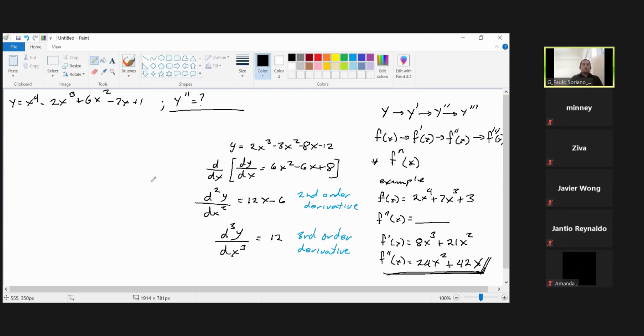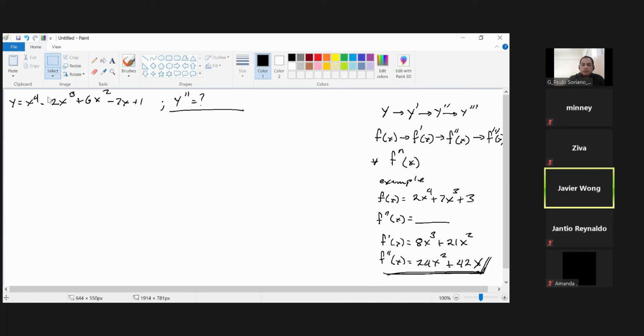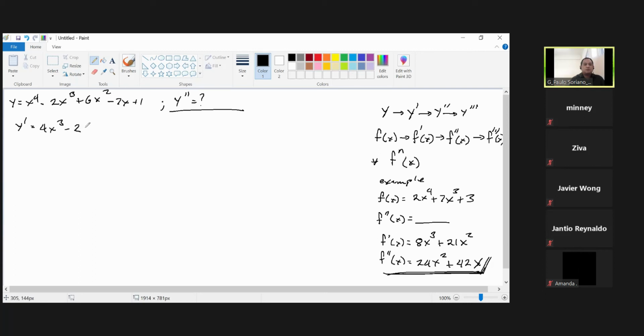So y double prime is what? I got 12x squared minus 12x plus 12. Okay, let's see. So y prime is equal to 4x cubed minus 6x squared plus 12x.